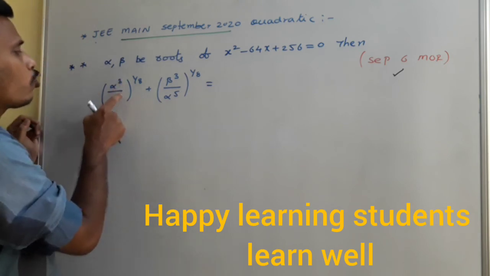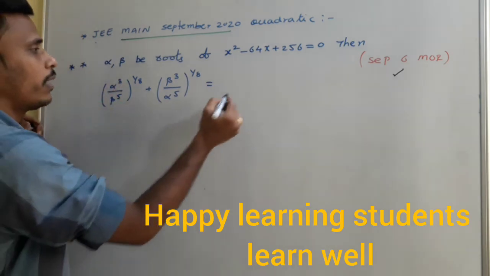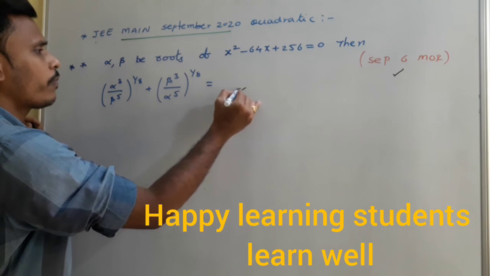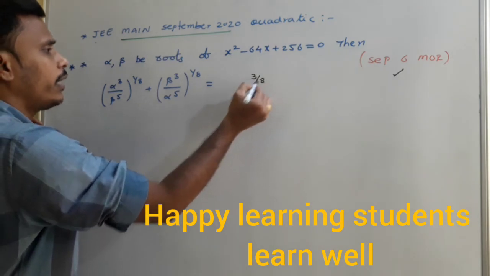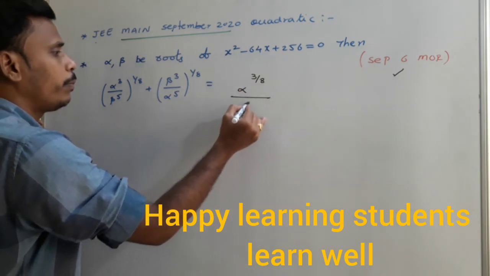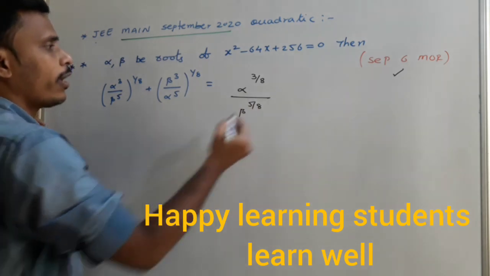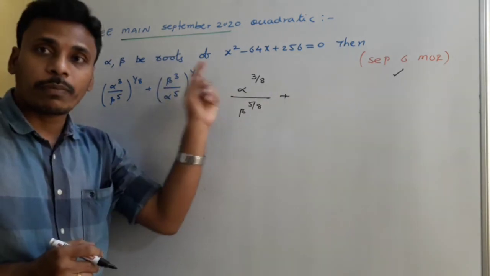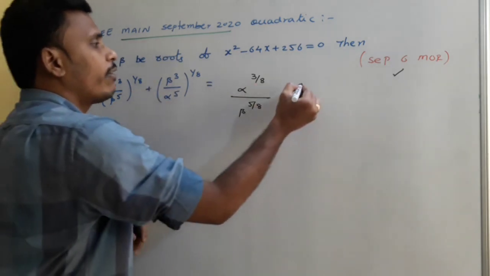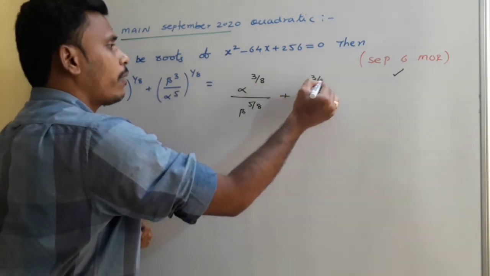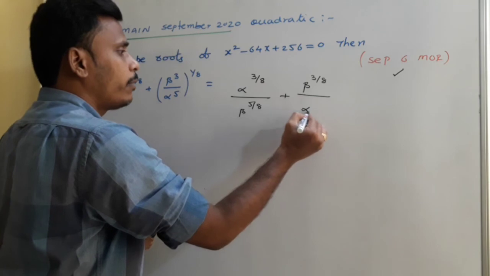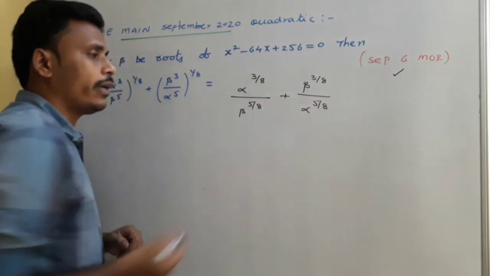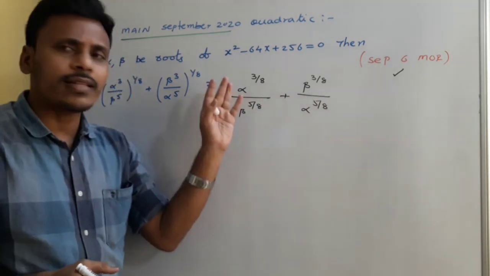See, alpha cube by beta power 5 power 1 by 8. Just I will write it like this. Alpha power 3 by 8 divided by beta power 5 by 8, plus the second term, beta cube by alpha power 5 power 1 by 8. So again I will write it like this: beta power 3 by 8 divided by alpha power 5 by 8. Okay, just do the LCM.